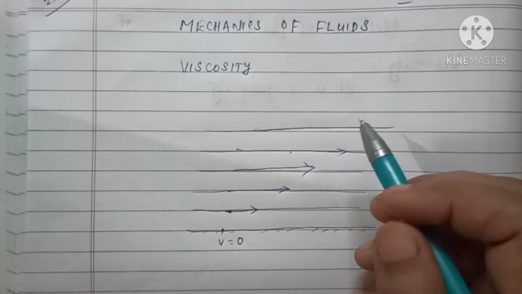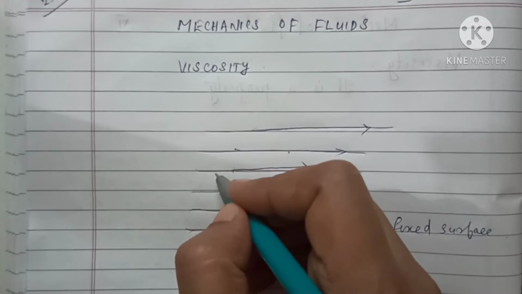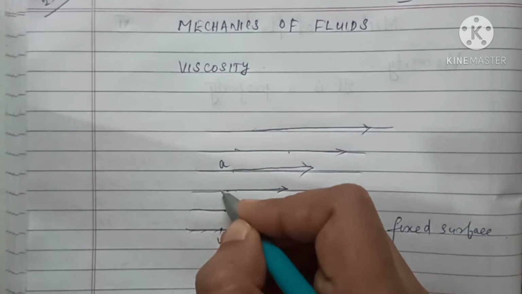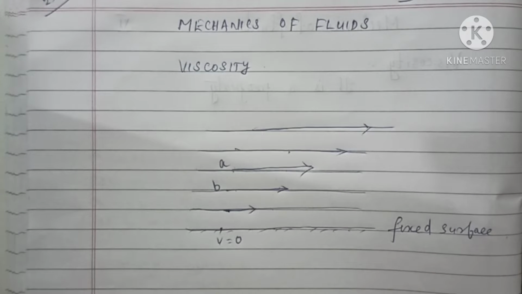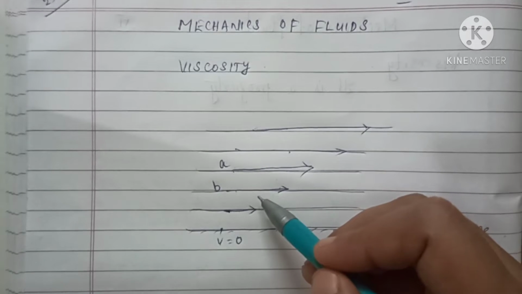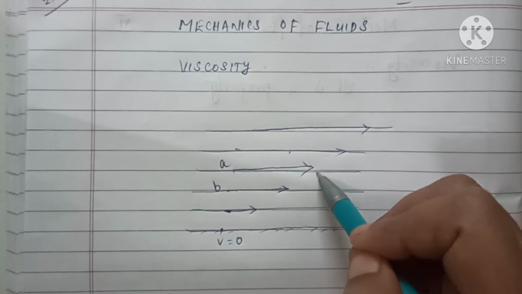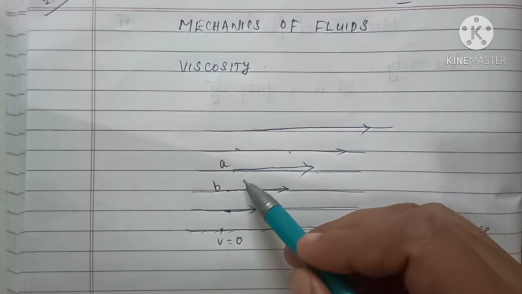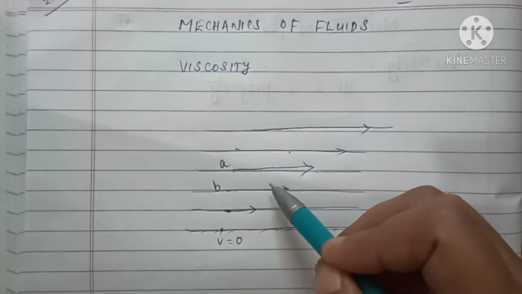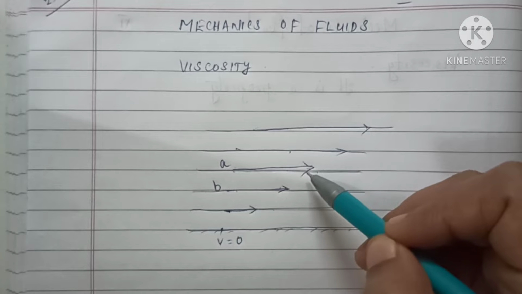Clear? Now here I am considering two layers. Suppose these are the two layers. This one is layer A and this is layer B. The upper fast moving layer A always tends to accelerate the lower slow moving layer B, while the slow moving layer B always tends to retard layer A. Understood?